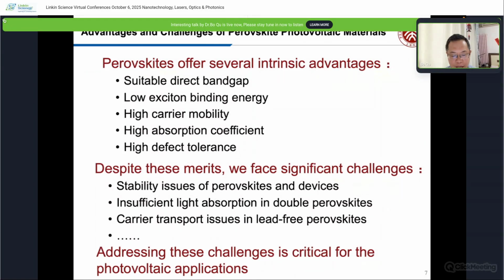Despite these merits, we also face significant challenges, such as the stability issues of perovskite cells, the insufficient light absorption in double perovskites, and the carrier transport issues in lead-free perovskites. Therefore, addressing these challenges is critical for photovoltaic applications.